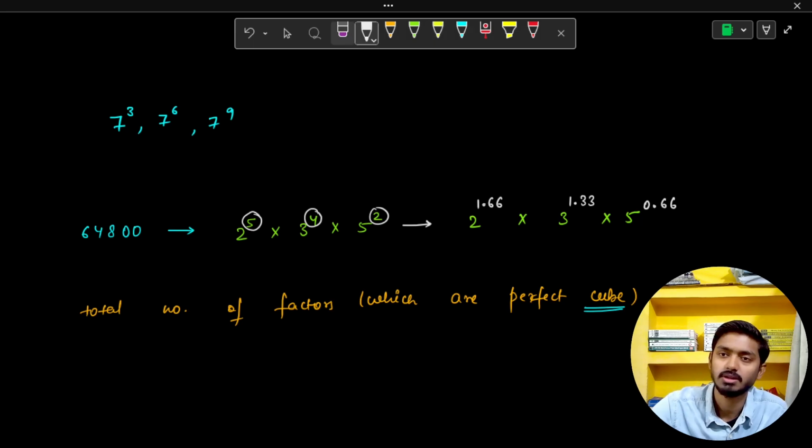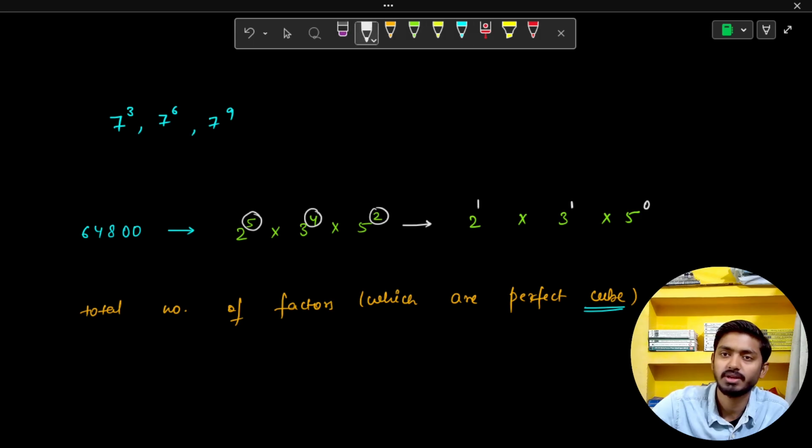But we are supposed to take just the integer part, so we will leave the decimal part out and just keep the integer part.